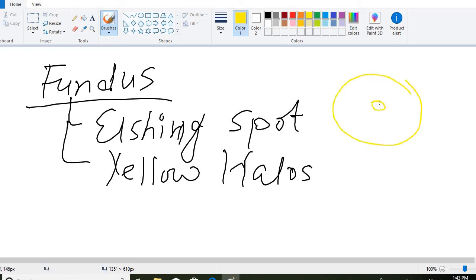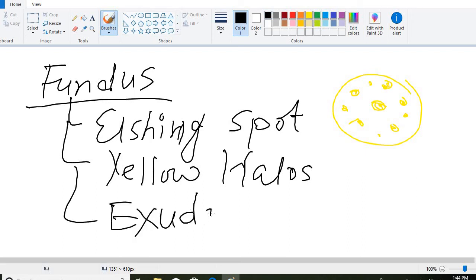Suppose this is the fundus, there will be yellow halos on the fundus. Exudative retinal detachment may be present, and may be observed on fundus examination.